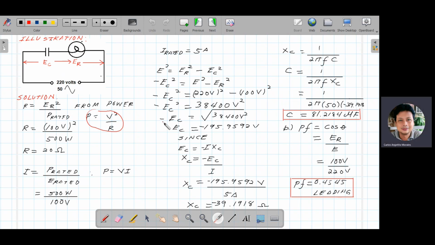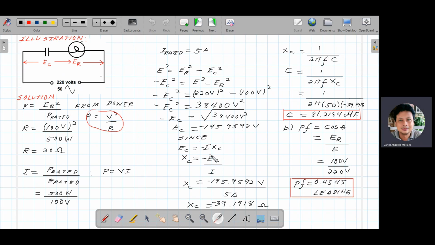So, let's get E_C by taking the square root of both sides. E_C is the square root of 38,400, which is the voltage drop of the capacitance, equal to 195.9592 volts.